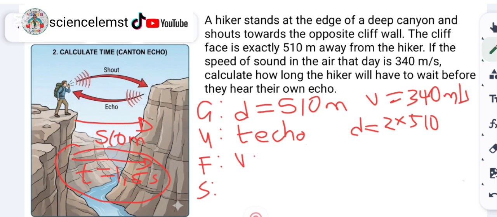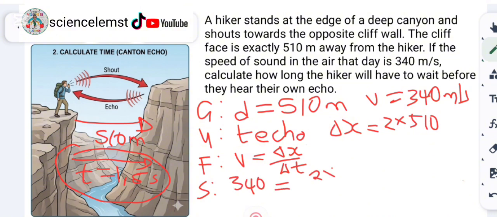Formula stays the same. V is equal to delta x over delta t. Remember I said we can use delta x here. If you don't want to use d when collecting your data, you can say delta x, it's fine. So this substitution, 340, my distance, I'm doing what? I'm doubling it. So 2 times 510 divided by delta t.